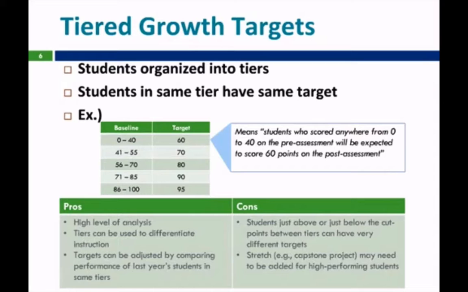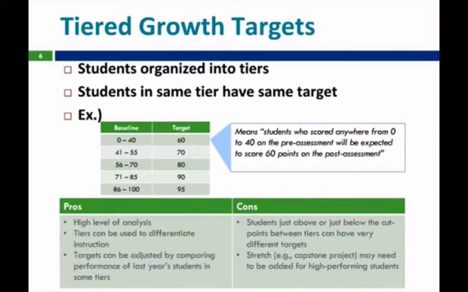What's also cool about this kind of approach, targets can be adjusted by comparing performance of last year's students that are in the same tiers. Let's say, I'll just keep picking on this 0 to 40 baseline tier. Let's say that this is your second year using the assessment and your second year of using these same tiers.